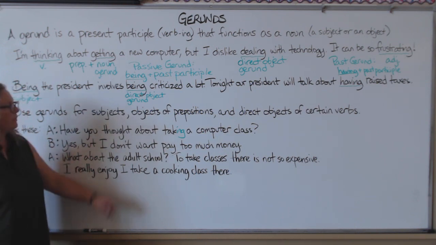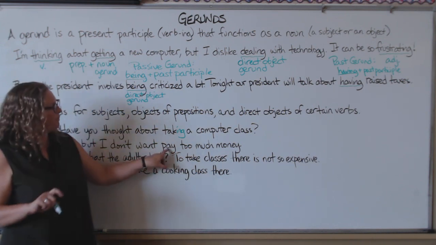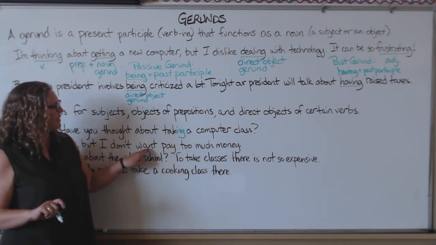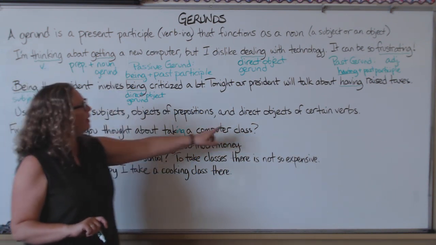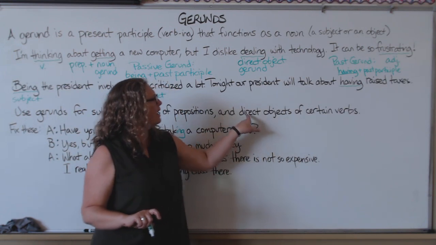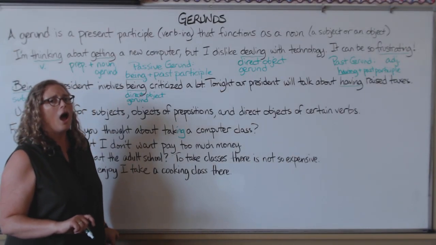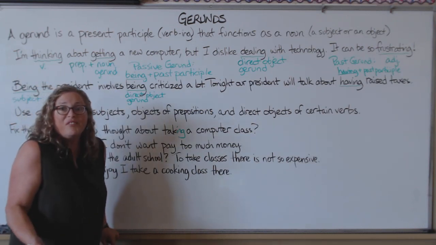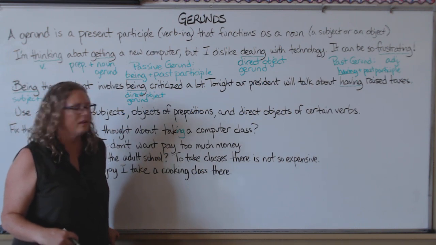Okay, yes, but I don't want to pay too much money. All right, this verb right here, pay, comes after want. Is want one of the verbs that takes a gerund as a direct object? No. It takes an infinitive, right? You learned that a long time ago, probably.